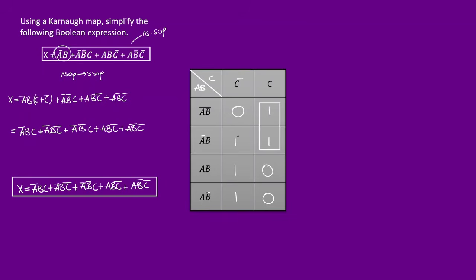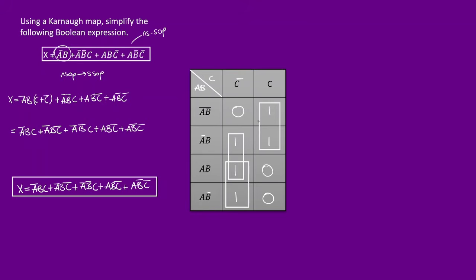Then I can group these this way as one, and this way as another. So now you can see we have 1, 2, 3, 4, 5 conditions where our output is set, and we're able to make it into three prime implicants.